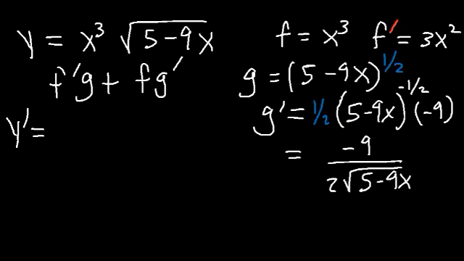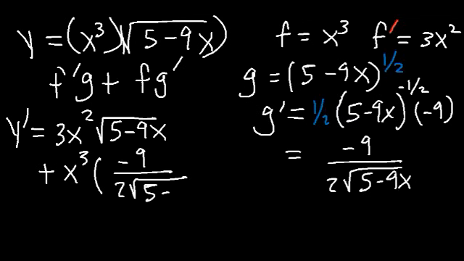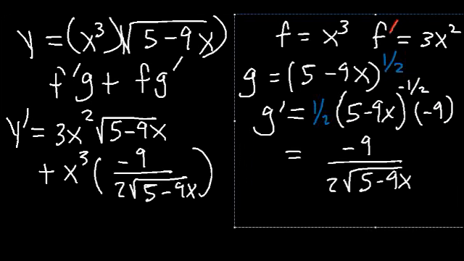So f prime, the derivative of the first part, is 3x squared times g, which is the original of the second part, and that's the square root of 5 minus 9x, plus f, which is the first part, times the derivative of the second, which we know to be negative 9 over 2 square root 5 minus 9x. So this is the answer. If we want to, we can get common denominators.